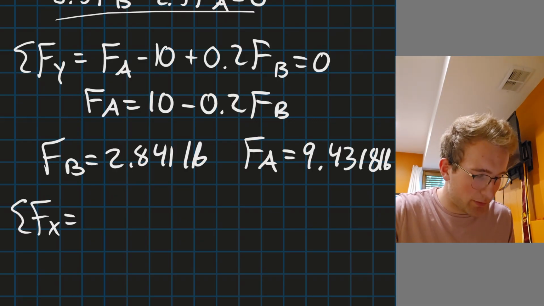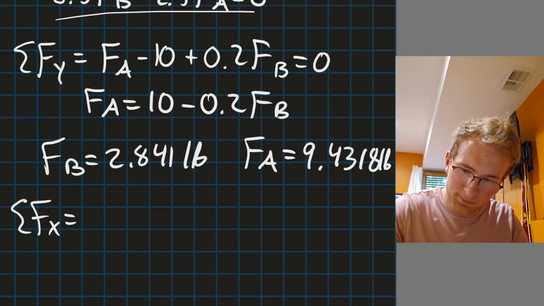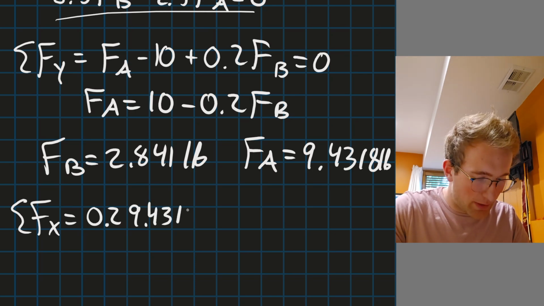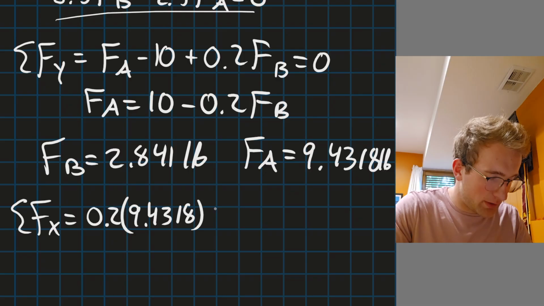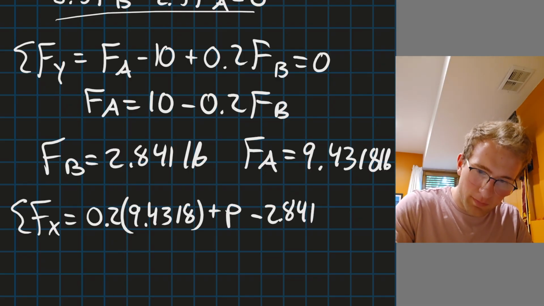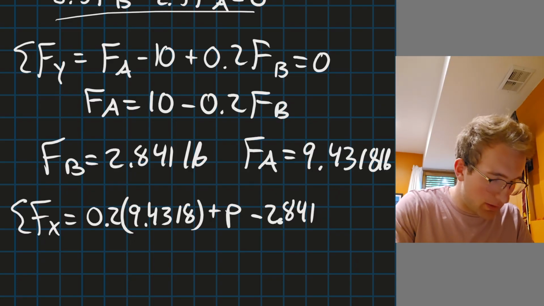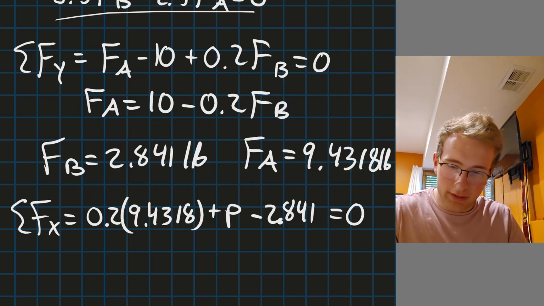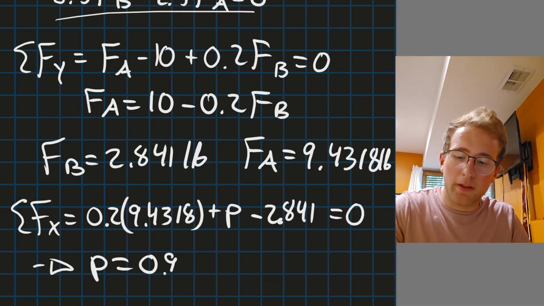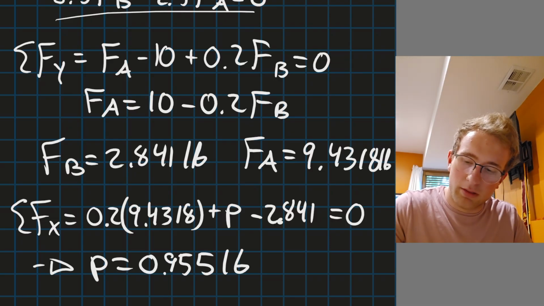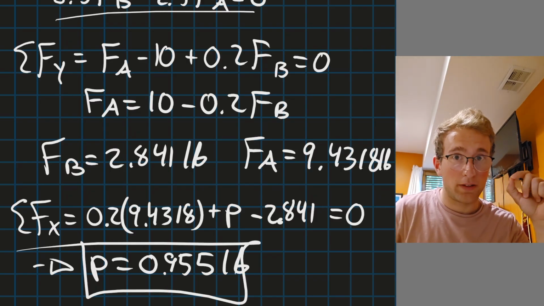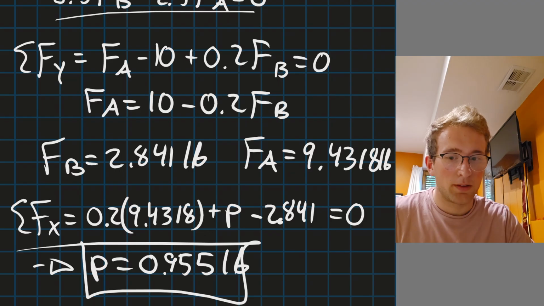Sum of forces in the x direction: my frictional force, plugging in the FA and FB values I found already. That's what I get. And I can solve, and I get P is 0.955 pounds. That's my final answer. That's how low we can go, right?